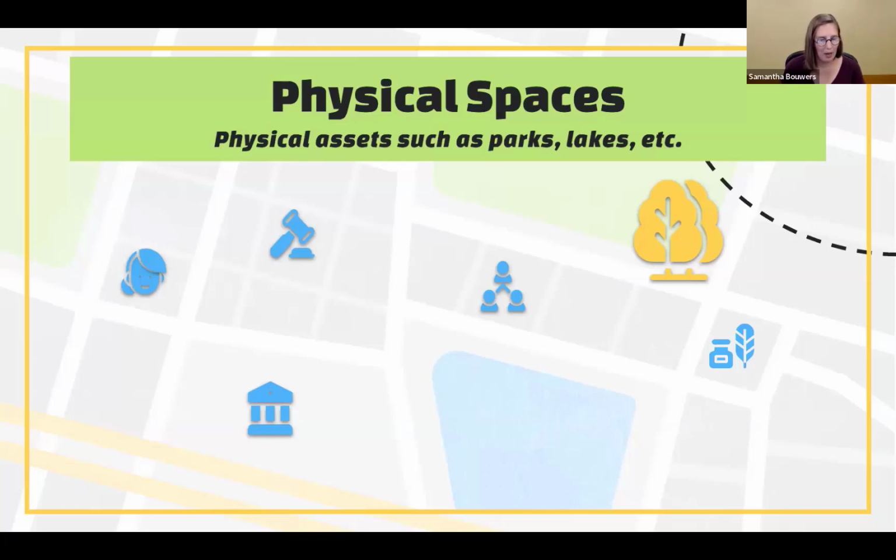It could be a walking path, a lake, a pond, some sort of green space. This could be other types of places where activities happen, like a community center or a senior center, a rec area, that sort of thing. But definitely worth noting some of these physical assets.